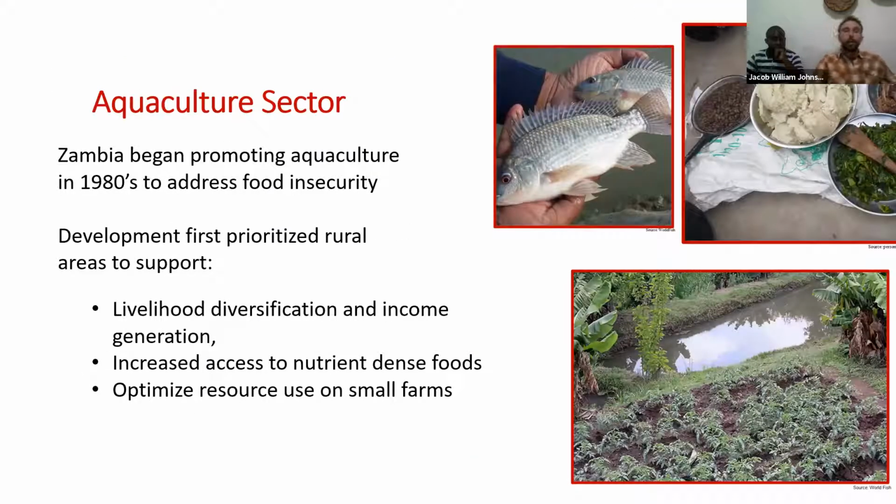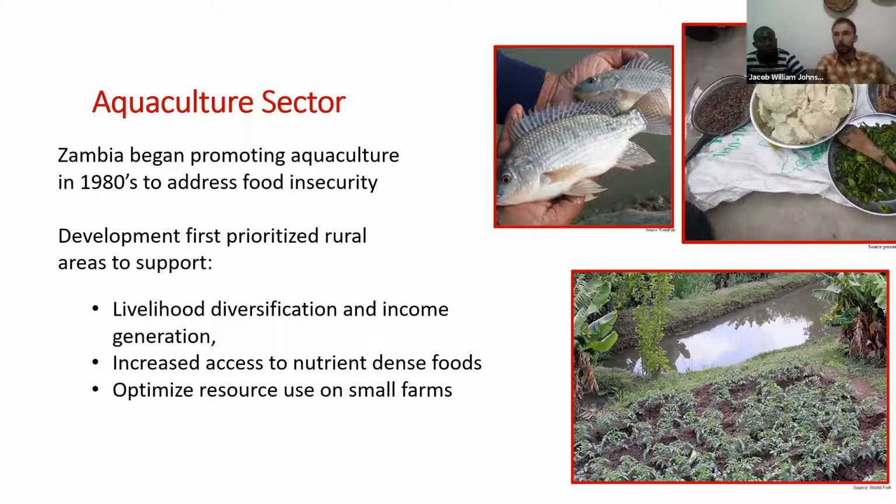So to address some of these food insecurity problems, Zambia began promoting aquaculture in the 1980s. Development first prioritized rural areas to support livelihood diversification and income generation.